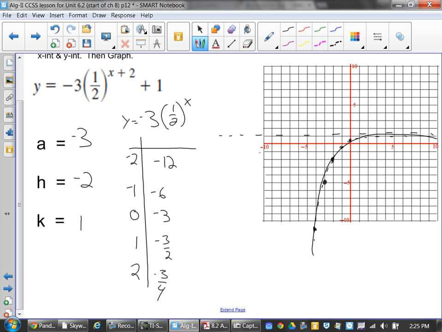Your new asymptote is at y equals 1. I know I'm cheating, I'm moving the graph. Did you move it to the left? x minus 2. Oh, gosh, dang it. That's my fault. I didn't see that it was a plus 2. I thought it was a minus. I didn't read the problem.